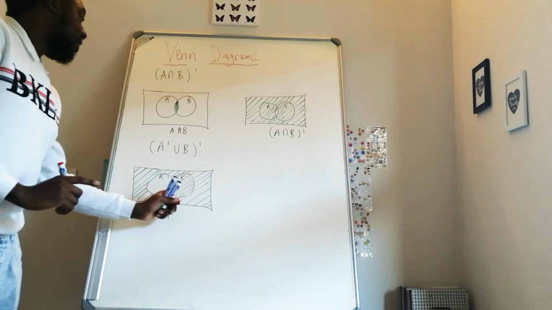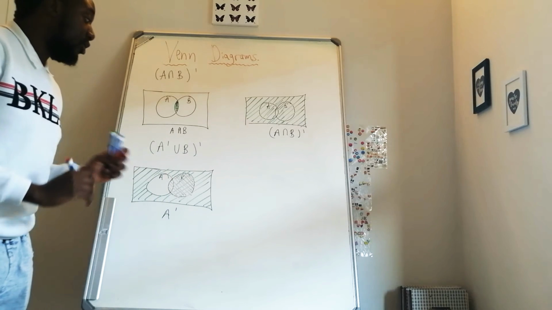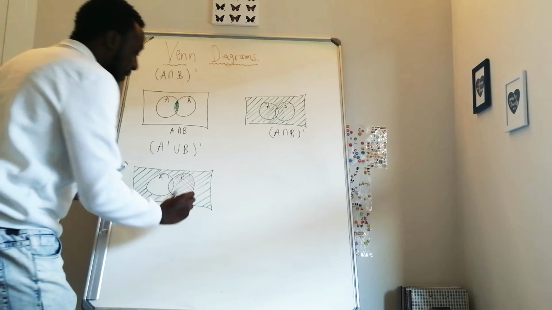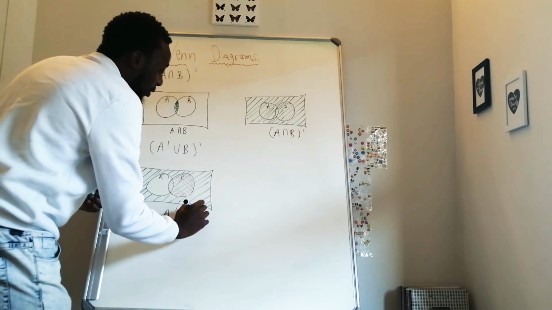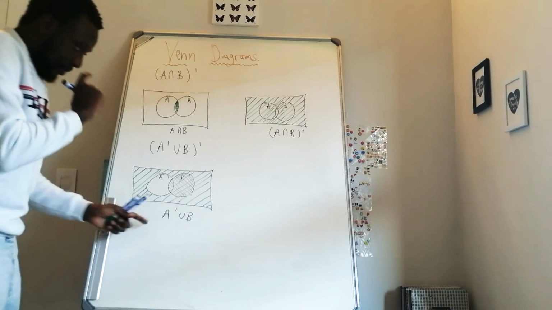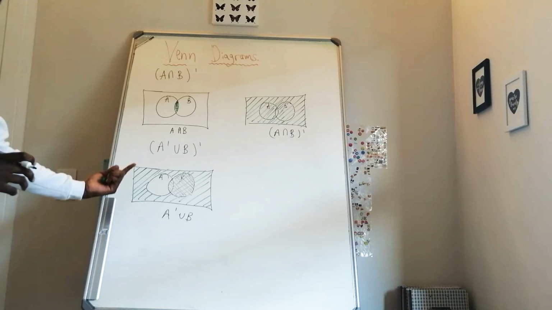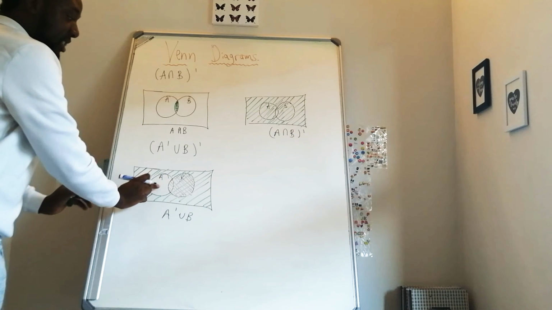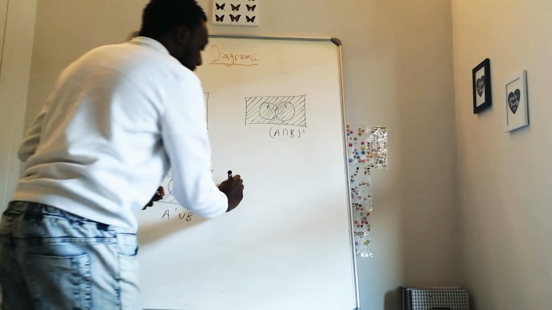Mind you, guys, B is also the part that goes into A. That is also B. So what I've drawn so far is A complement union with B. So now they want the opposite of this. It seems like almost everything is shaded beside A, right? So now I want to shade just A.